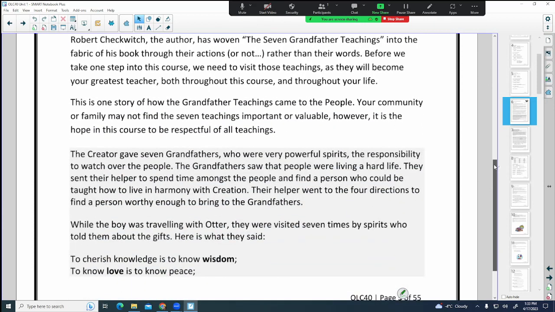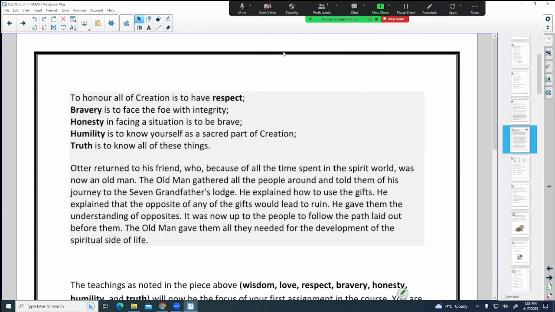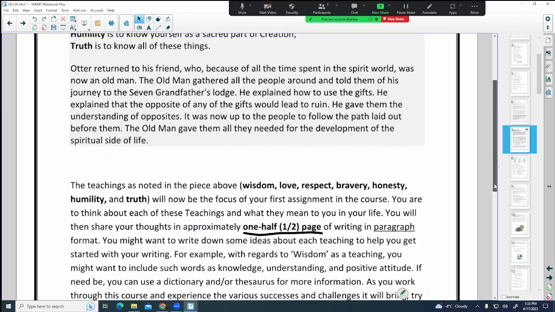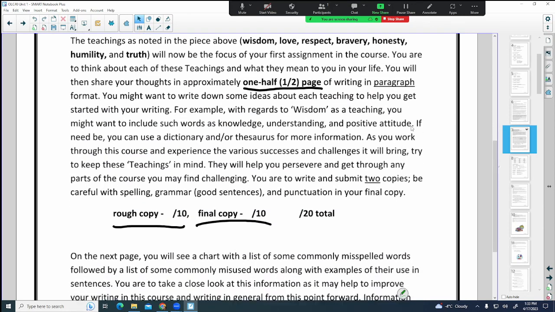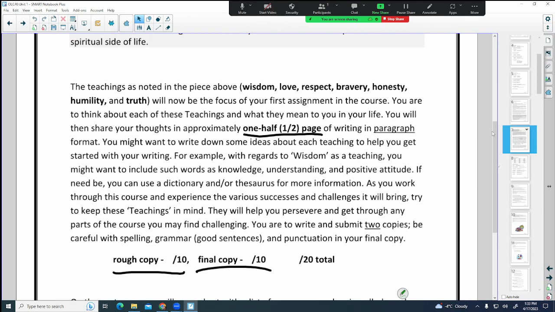We are talking about the novel Jimmy Comes Home, and so we're asking ourselves to make some connections between the 7 grandfather teachings and our own life, and you don't have to talk about the novel Jimmy Comes Home in your response.